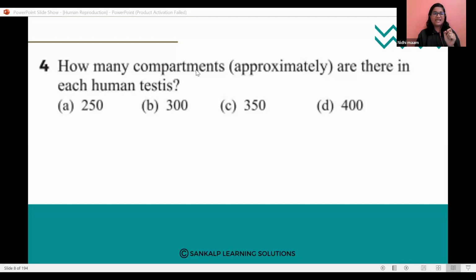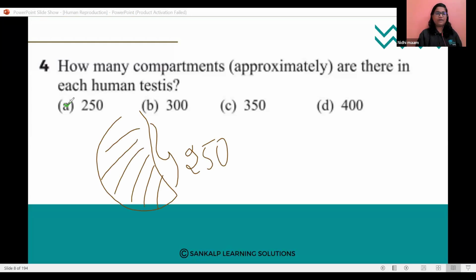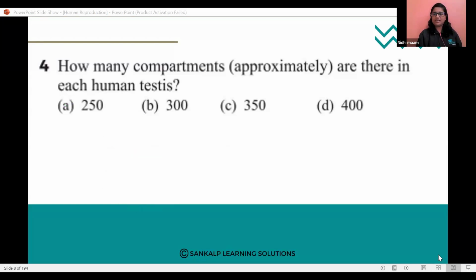Exactly the right answer. When we see the cross section of a testis, each testis will be having lobules like this. These will be 250 in number. Let us proceed to the next question.